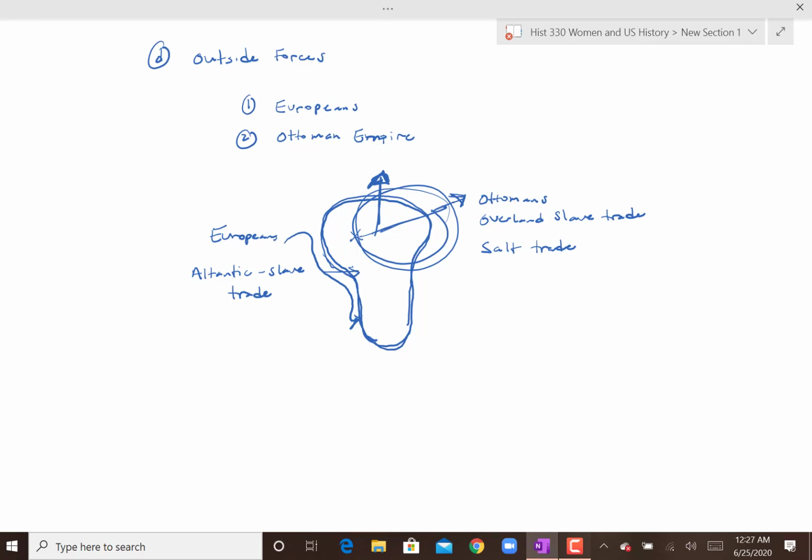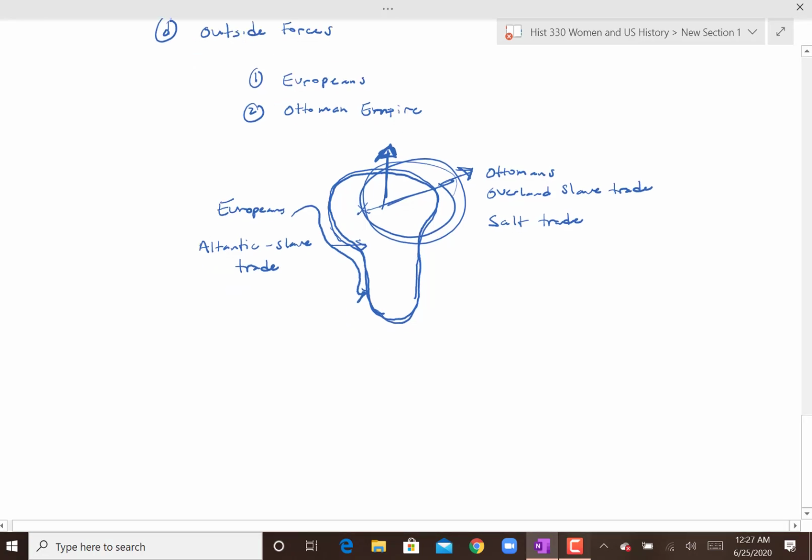For the Ottomans, we'll start over here with A. This is still the Ottoman Empire. One of the biggest things was that they traded with various African groups.